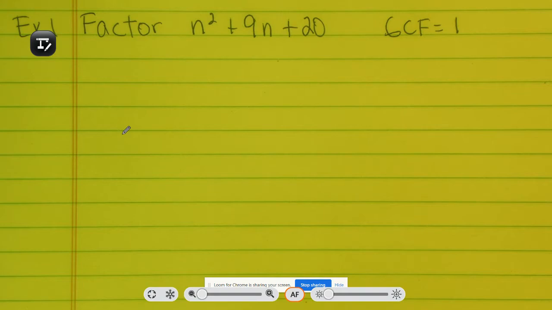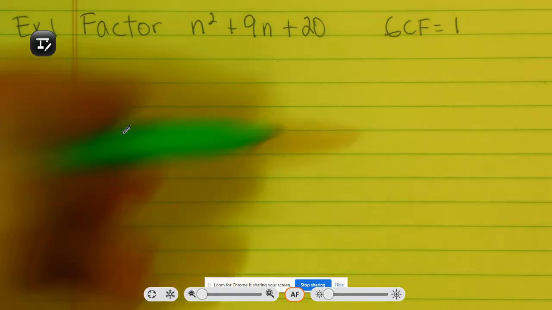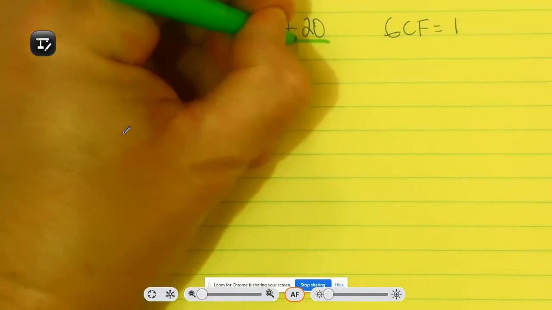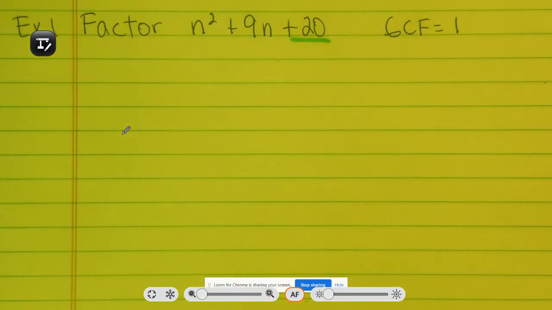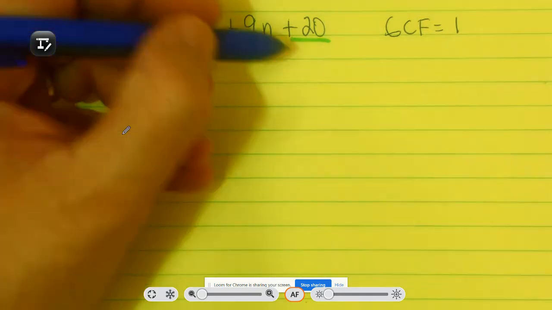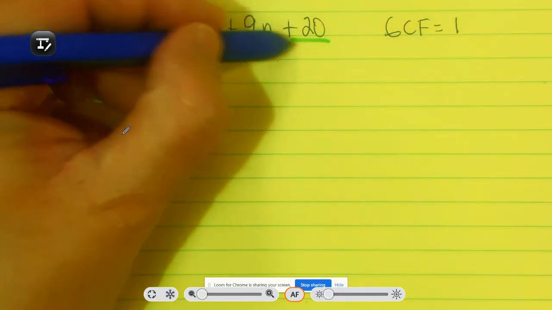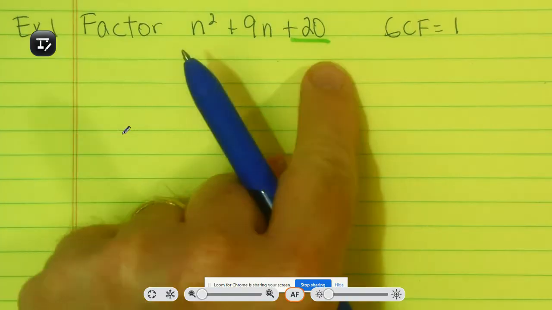So looking at the trinomial, our first step is to look at the third term, the constant term, this term here. And here's what I notice about that term. I want to write down all the factors of 20. Now, these factors have to give a positive answer.